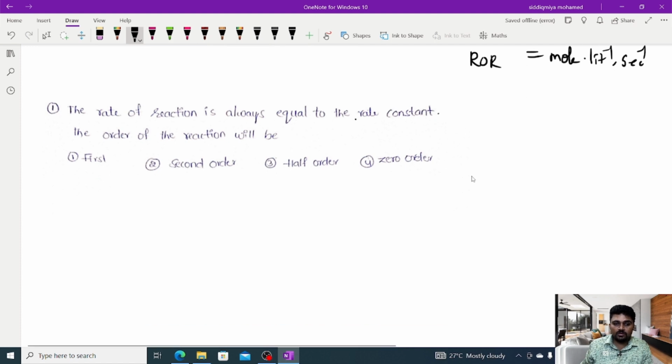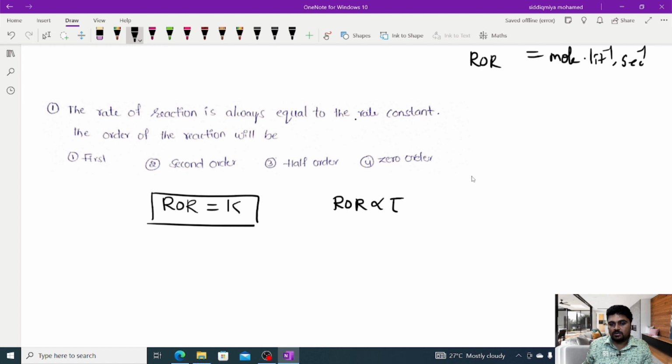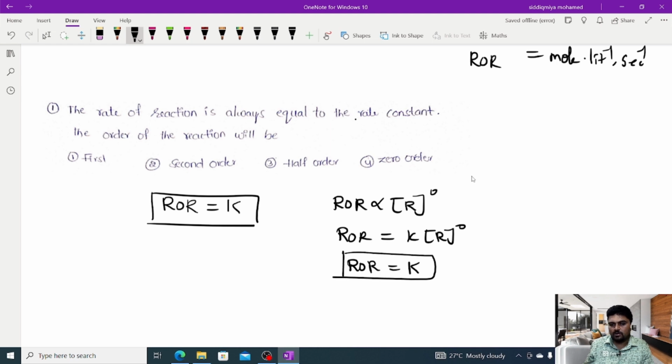I told you in the derivation itself, rate of reaction is equal to k in zero order. Because rate of reaction is directly proportional to the concentration of R raised to power 0. Then ROR is equal to k into R power 0. Something power 0 is 1, so ROR is equal to k. That is a zero order, so the fourth option. Okay, we will see the next problem.